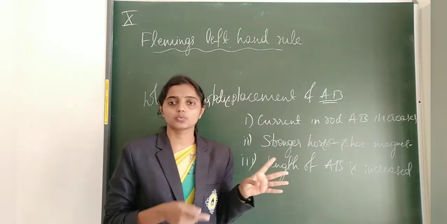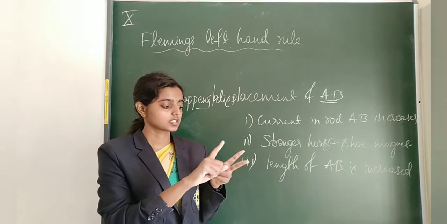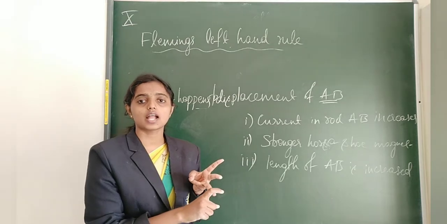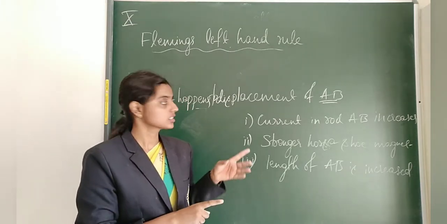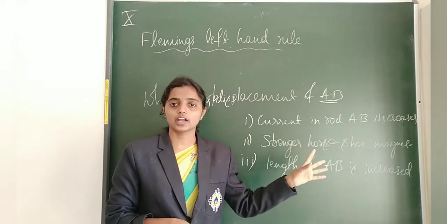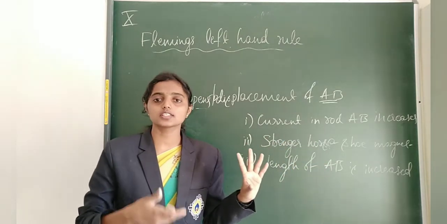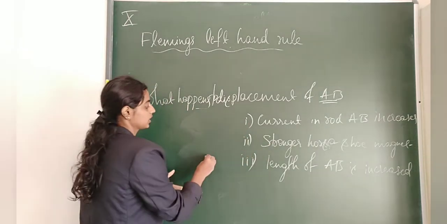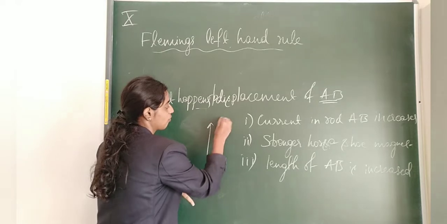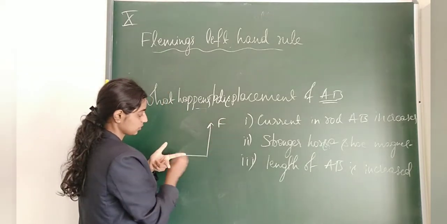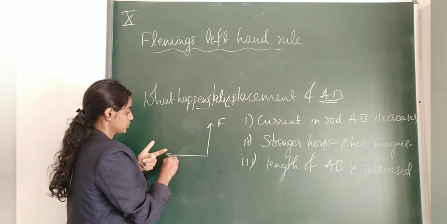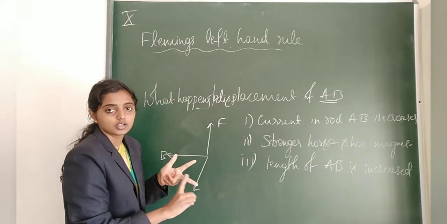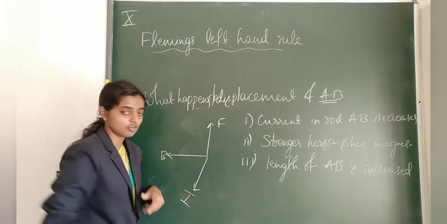In today's class we saw electromagnetism, next the difference between permanent magnet and electromagnet. Later on we saw force acting on a current carrying conductor. Next, Fleming's left hand rule, that you should not forget. If they ask what is Fleming's left hand rule, you should explain all the terms: the thumb represents force, the forefinger shows the direction of magnetic field, and the middle finger shows the direction of current.